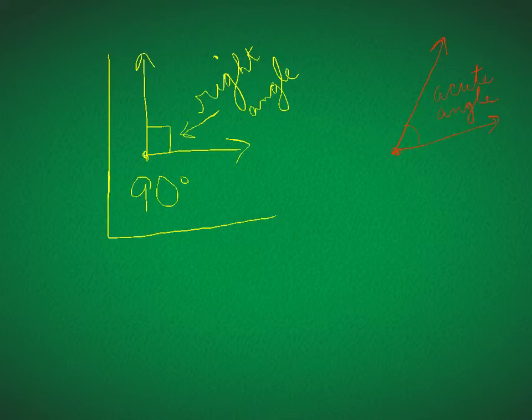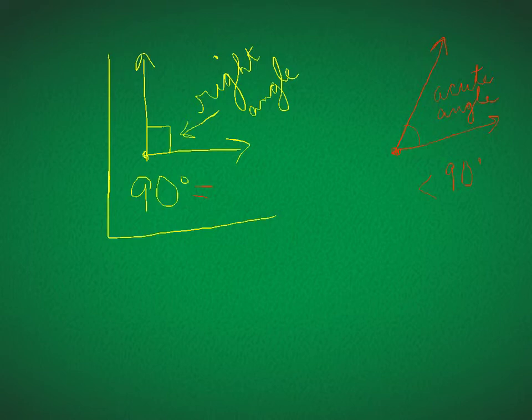Think of your little baby cousin or your little brother that's three or four months old. It's nice and cute. Think about less than 90 degrees. If it is less than 90 degrees, then it would definitely be acute. If it's equal to 90 degrees, we know it's a right angle.